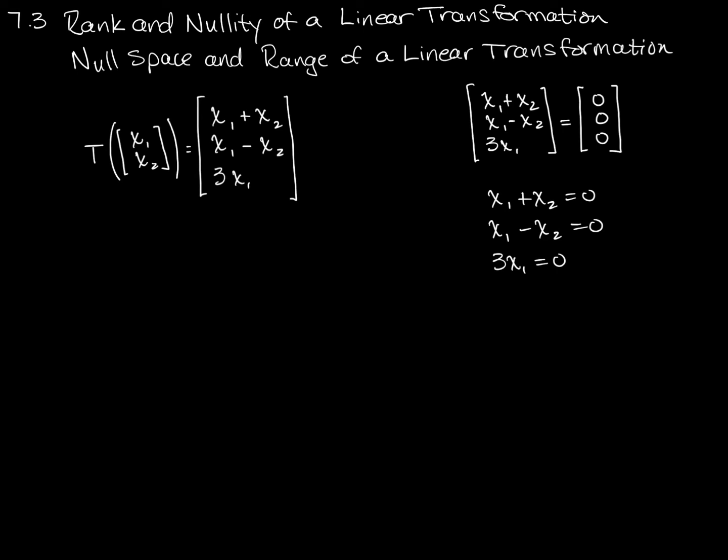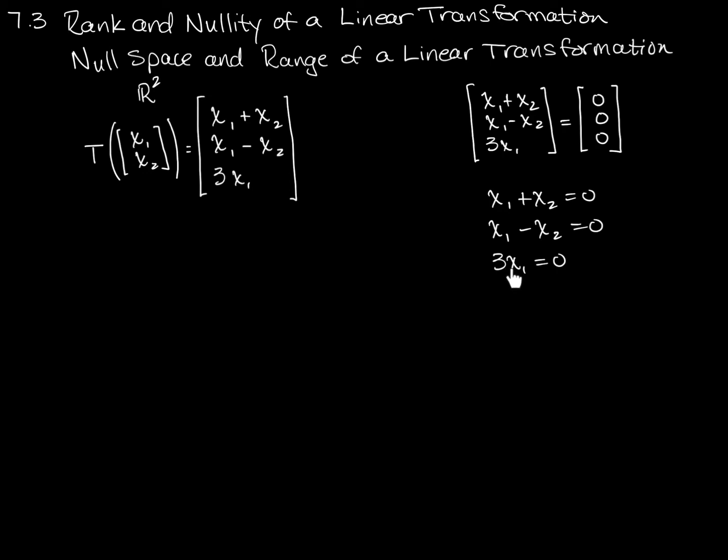Now, x1 and x2 represent all the possible combinations of two real numbers because we're coming here from R2. The reason I'm using generalized values here is because I want to be as generic as possible.